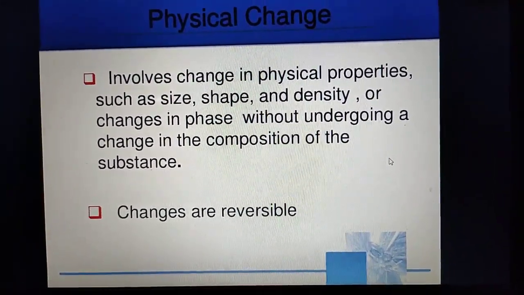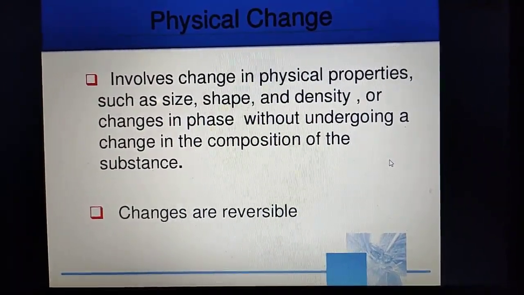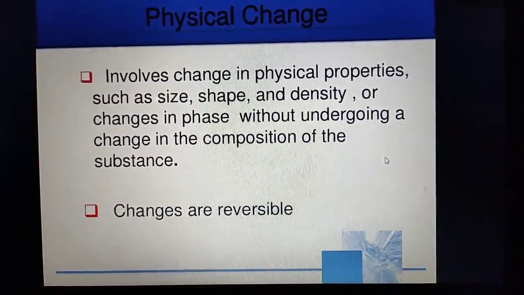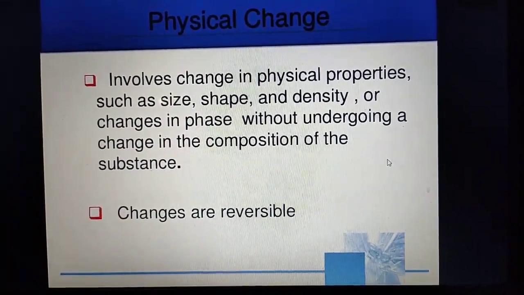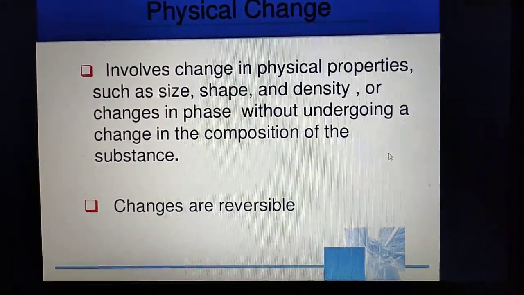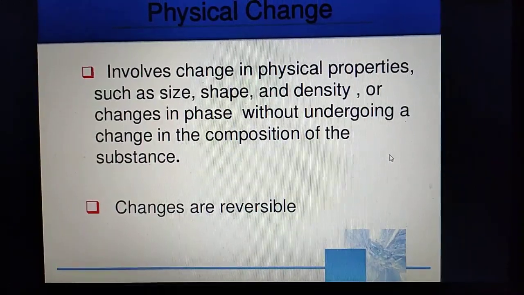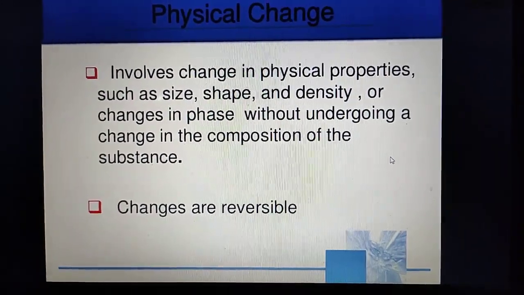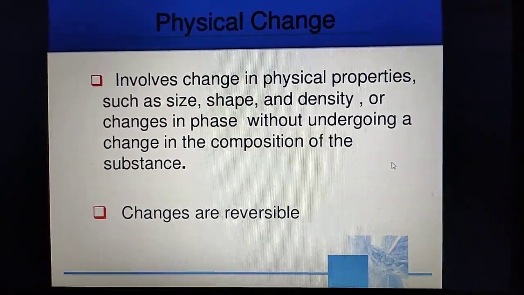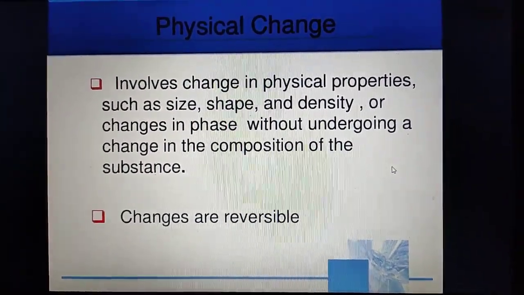Now the second point is what? The physical change is reversible. For example, if you dissolve salt in water, that salt can be recovered by allowing the water to evaporate.